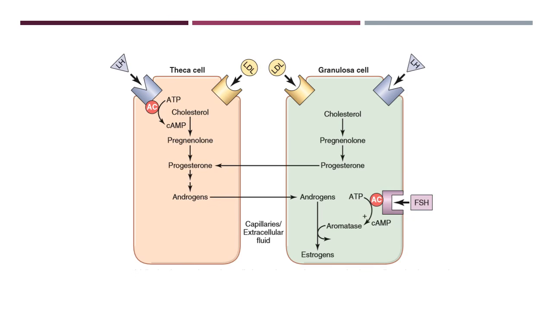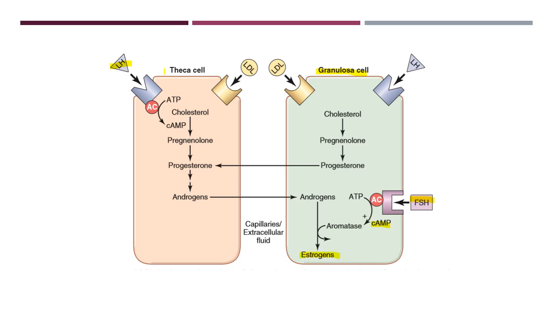In this schematic, all these interactions between thecal and granulosa cells, as well as the effect of the LH and FSH hormones, are demonstrated. As you can see here, the granulosa cells have FSH receptors as well as LH receptors, which will induce granulosa cells by increasing cyclic AMP mainly to increase synthesis of estrogen.